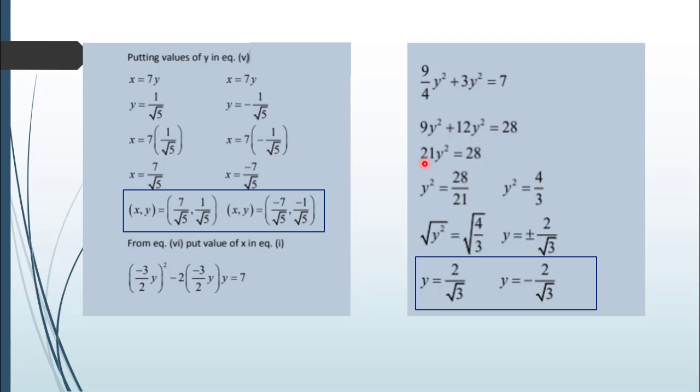On solving, we get 21y square is equal to 28. Simplifying it, we get y square is equal to 4 over 3. Taking square root on both sides, we get y is equal to plus minus 2 over square root of 3, which means either y is equal to 2 over square root of 3 or y is equal to minus 2 over square root of 3.